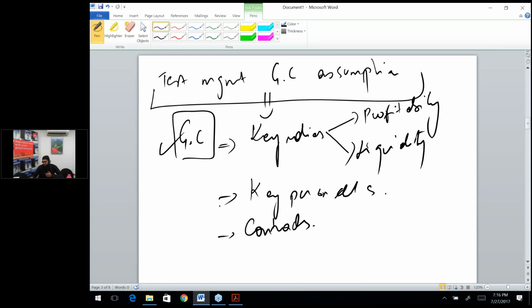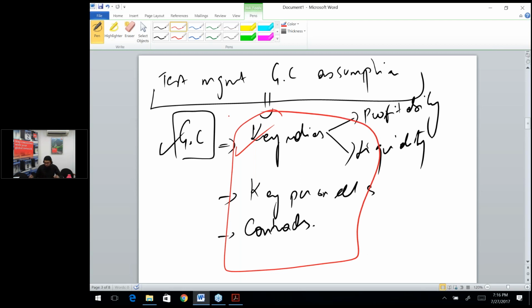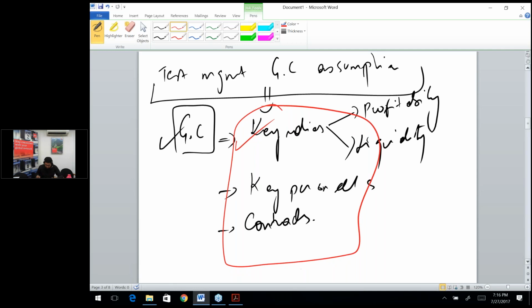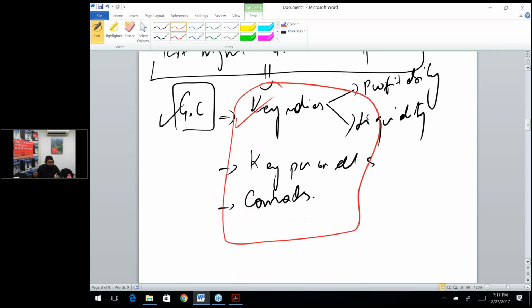Whenever we talk about it, we need to consider one thing: as an auditor, we need to see if the entity will continue for the foreseeable future or not. If the entity will continue for the foreseeable future, then the entity is a going concern.